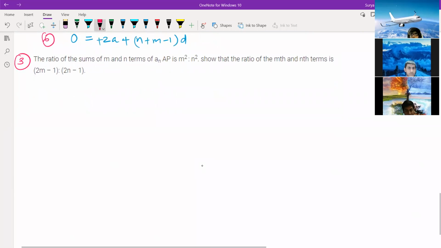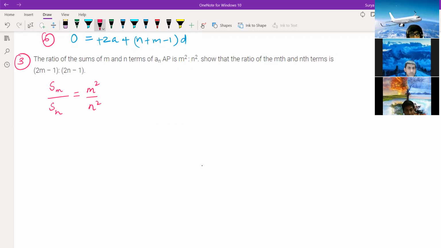The ratio of the sum of m terms and n terms, it means that sum of m divided by sum of n terms is equal to m square by n square.